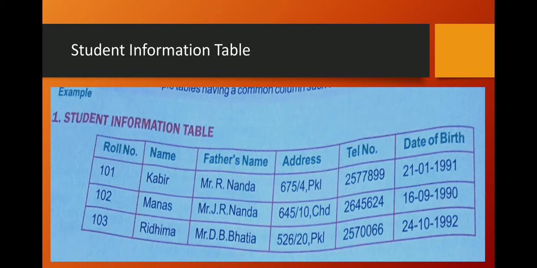You will take only a common field in the second table. By making a link on this common field, you can retrieve the desired set of records from both tables. So here we will create another table of students' marks and then we will link both tables to get the particular student's all information.